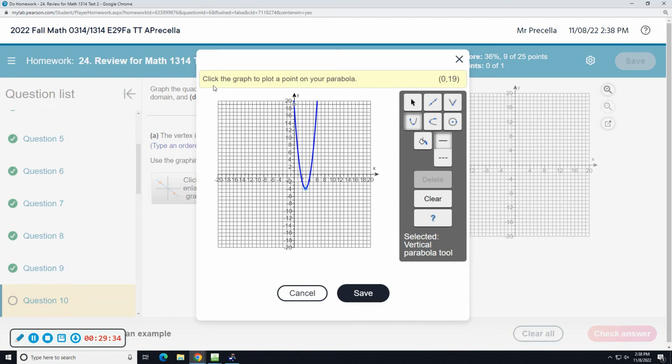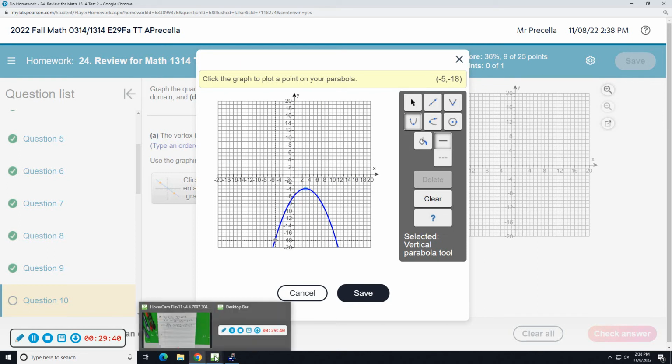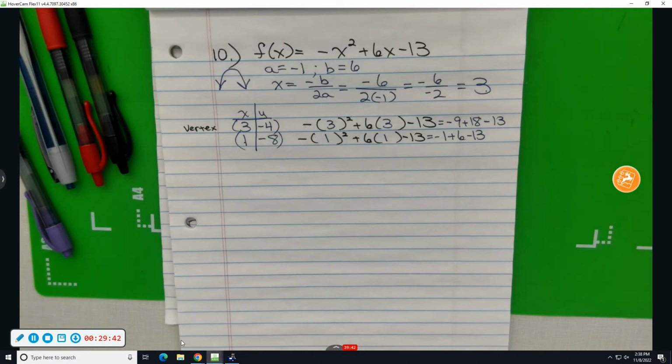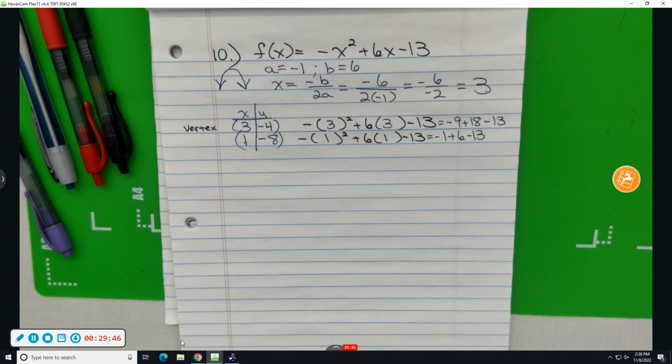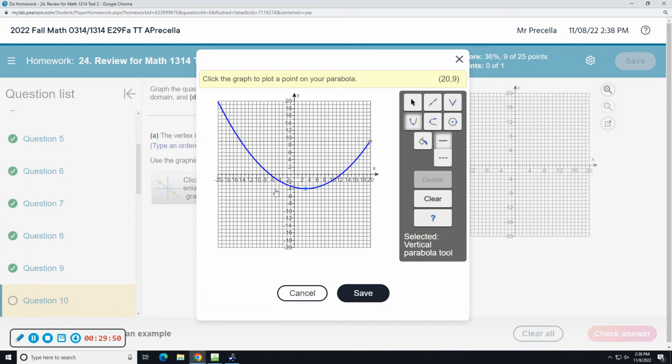Now, these instructions up here, plot one other point. Well, the other point that we found was 1, -8. So let's plot 1, -8.